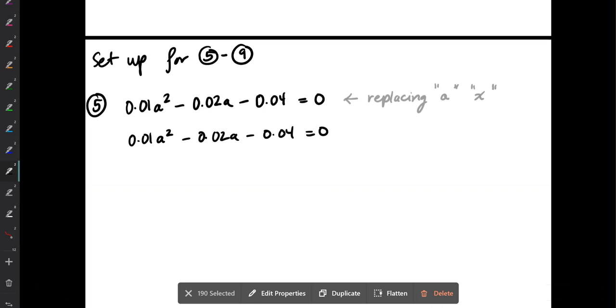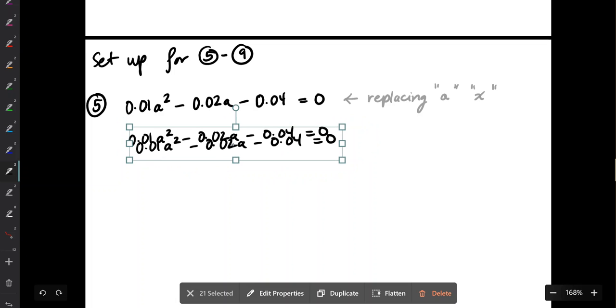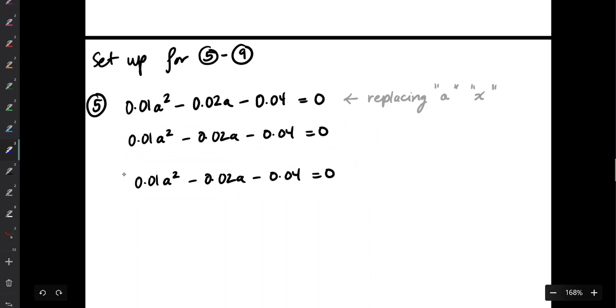And now what we're going to do is clear these decimals by multiplying by a power of 10. In this case, if I multiply both sides by 10, I still would have a decimal. But if I multiply both sides by 100, you see that we're going to be clearing these decimals.